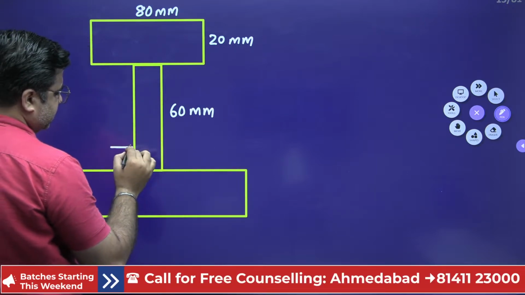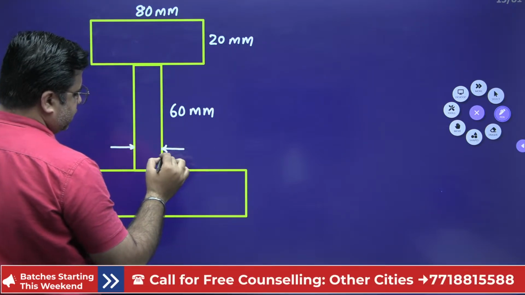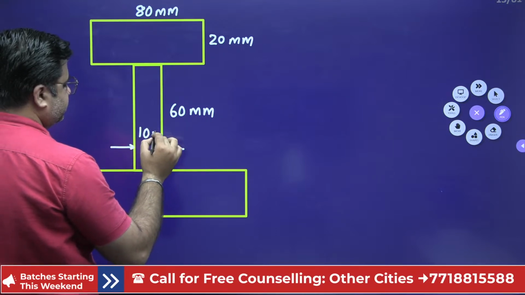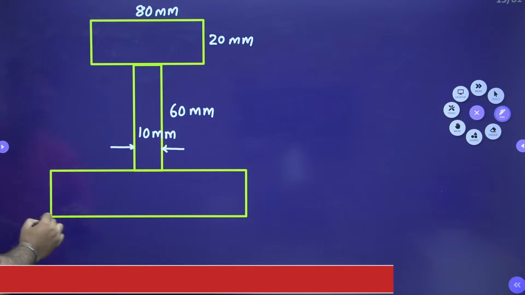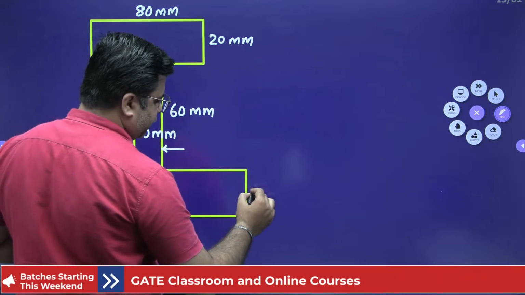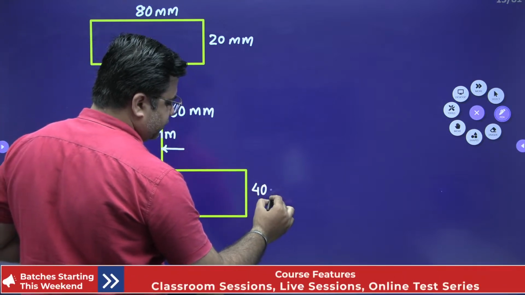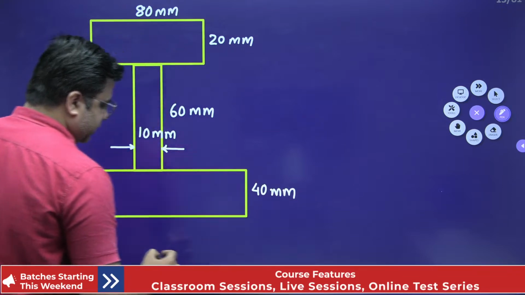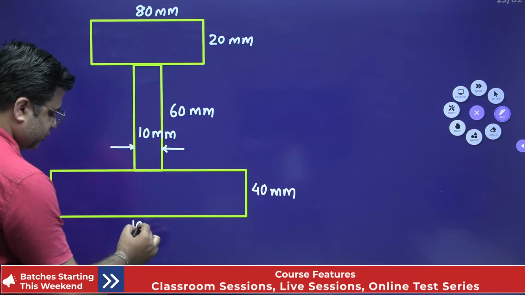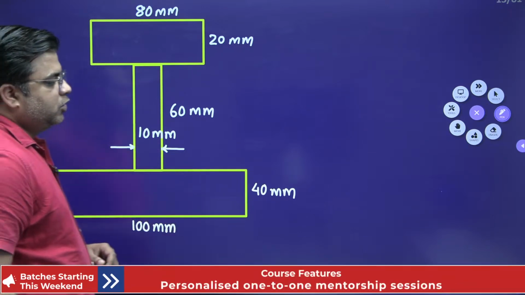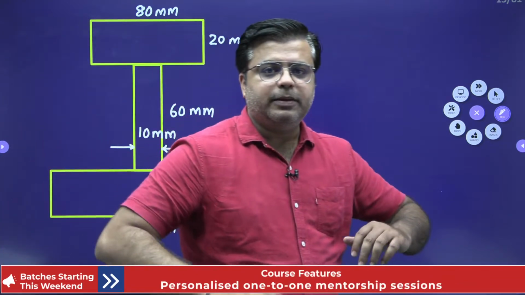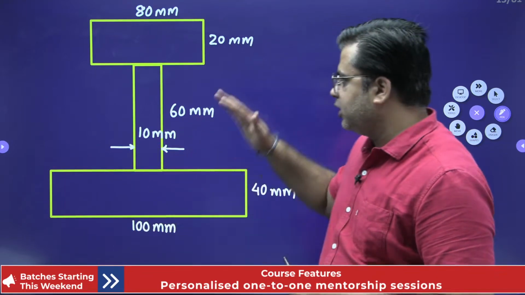This distance is 10 mm. Then this is like 30 mm or 40 mm. And this is 100 mm. Right? So we need to locate the position of the neutral axis for this cross section.